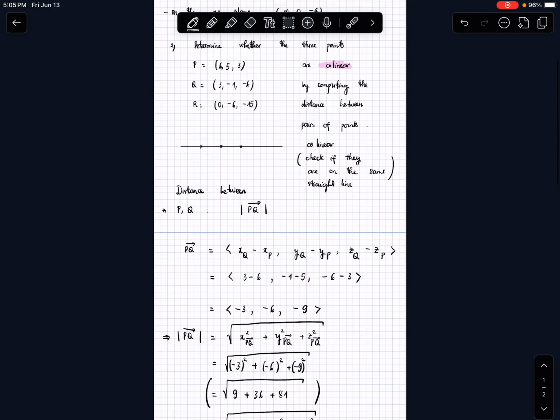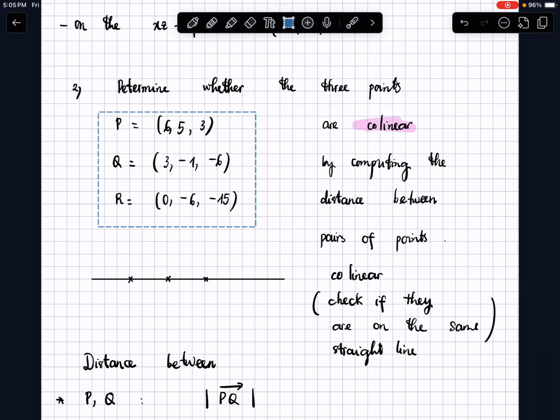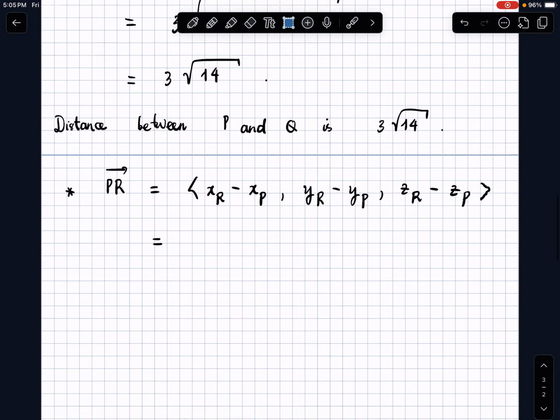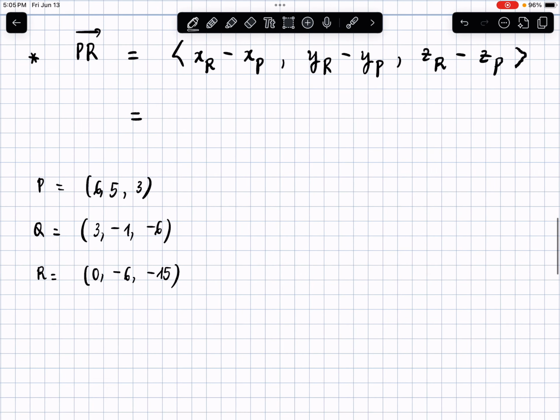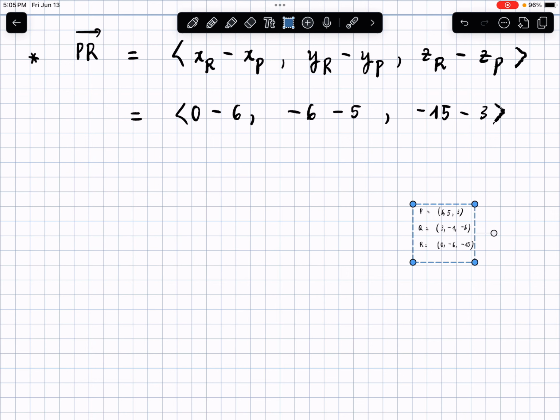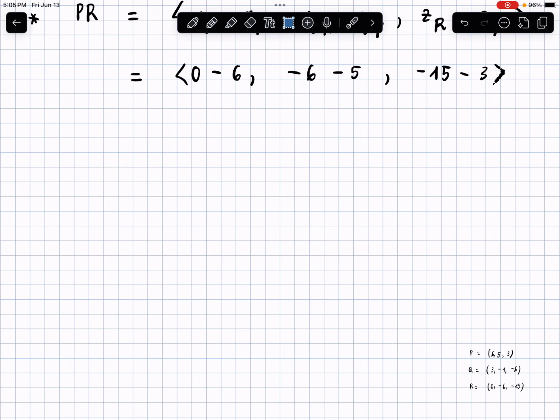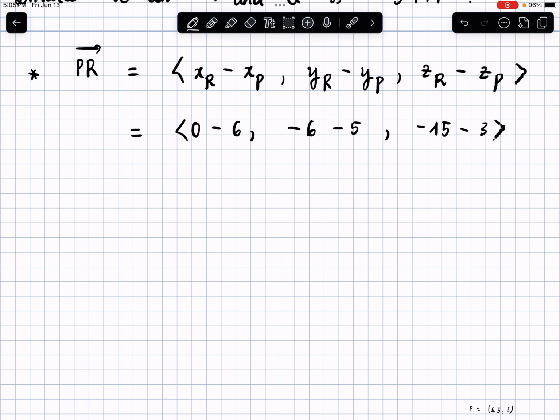With P and R, we get 0 minus 6, minus 5, minus 15, minus 3. Then we have minus 6, minus 11, and minus 18.